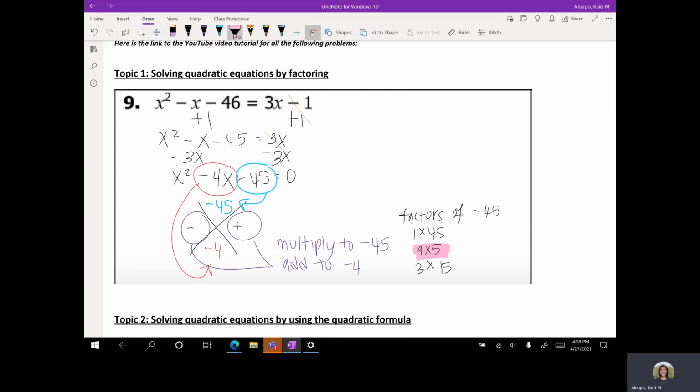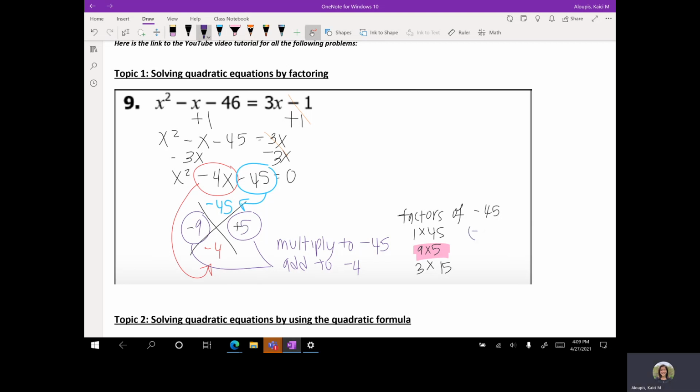The only thing I now have to decide is whether it's going to be negative 9 or negative 5. The fact that I'm adding up to a negative 4 means that it needs to be negative 9, because we need a larger negative number to stay in the negative values. So I'm going to write negative 9 here and positive 5 there.